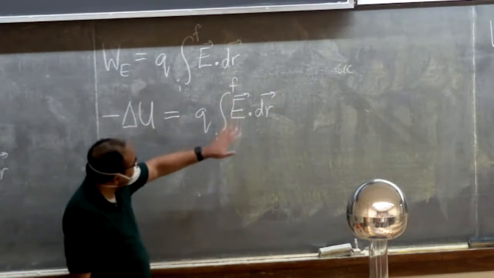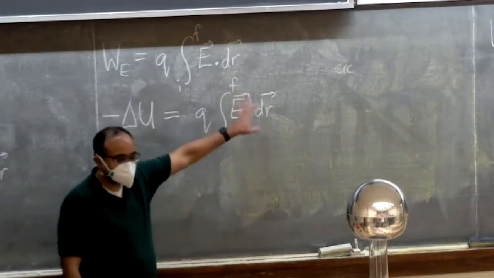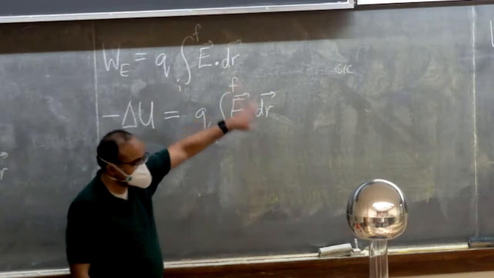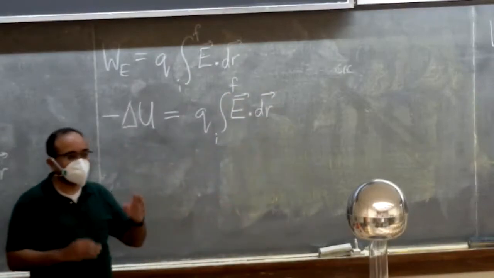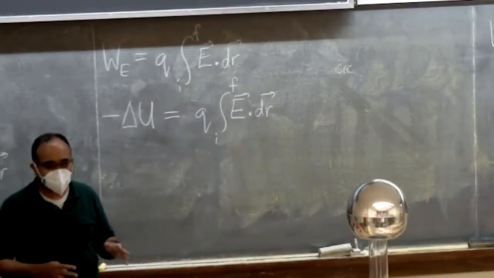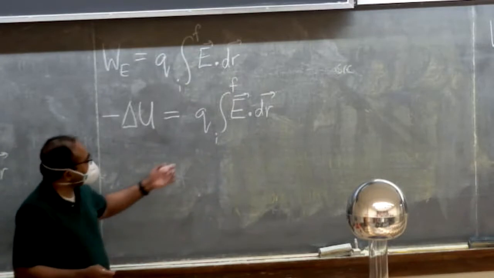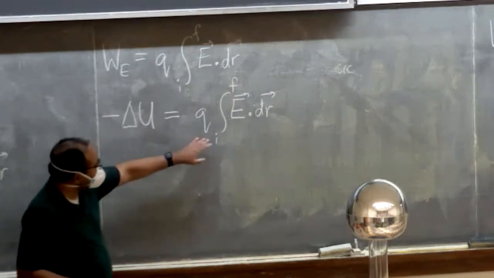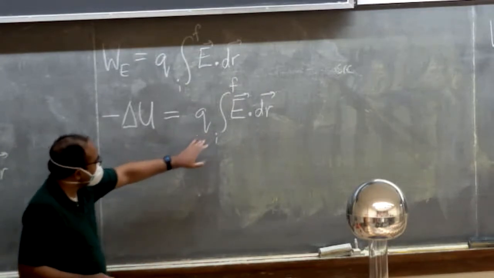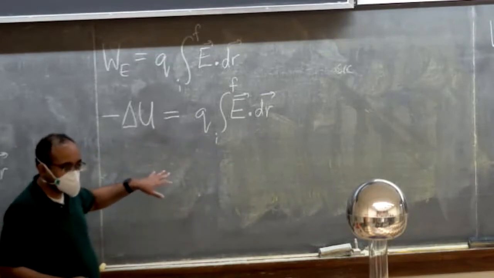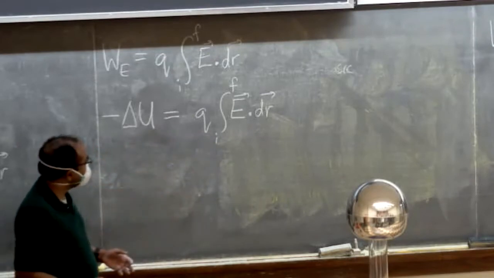And we know that often when we do this sort of definite integral, it ends up being a change in some quantity, right? And it looks like it might be useful to define delta U over q. That might give us something.